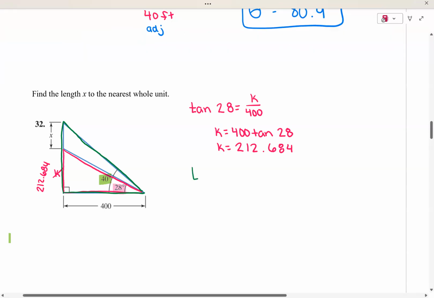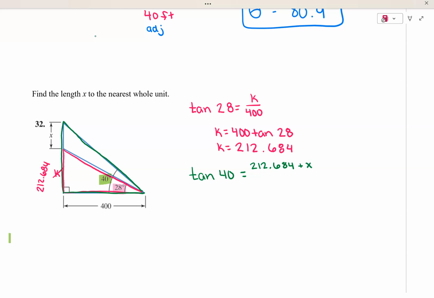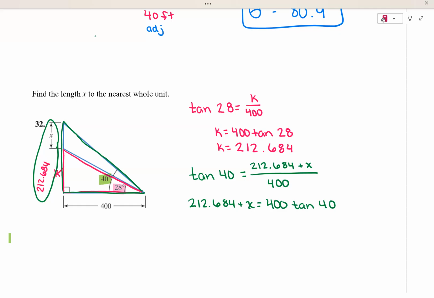So that means, again, we're going to have tan of 40 is equal to 212.684 plus x. So these together make the length of all of that over 400. So we already know that the top is equal to 400 times tangent of 40.